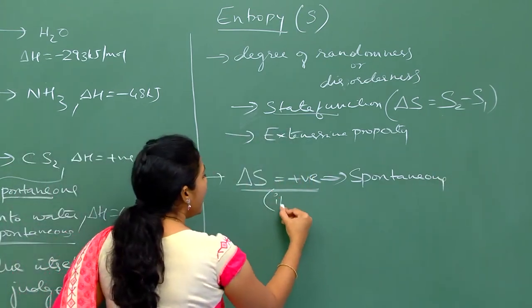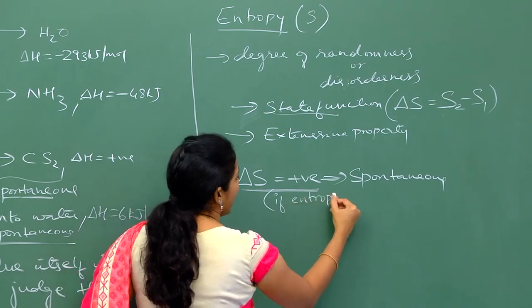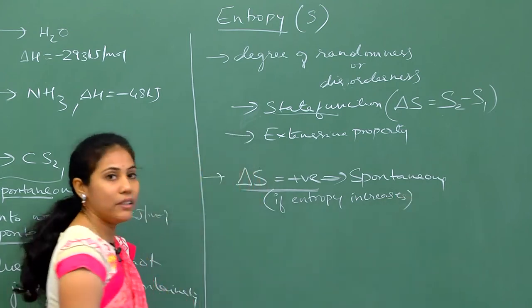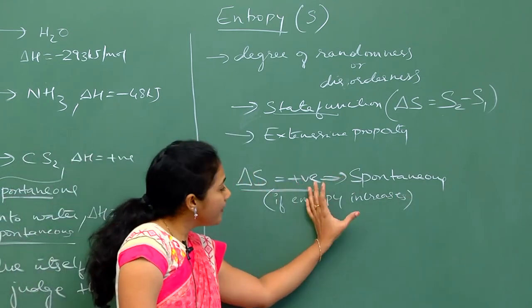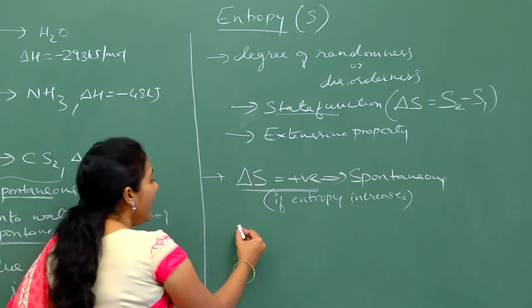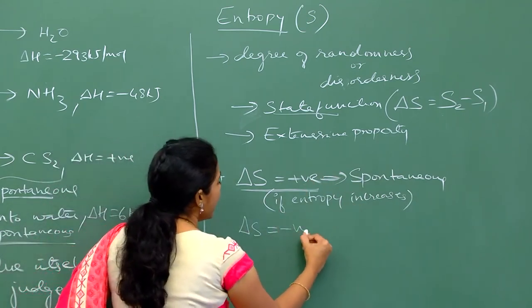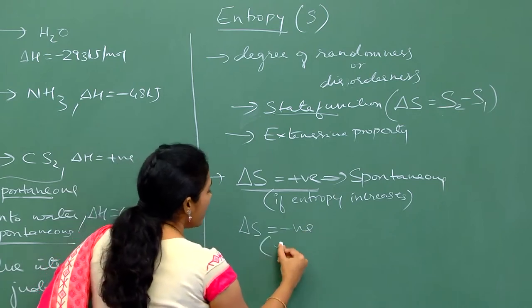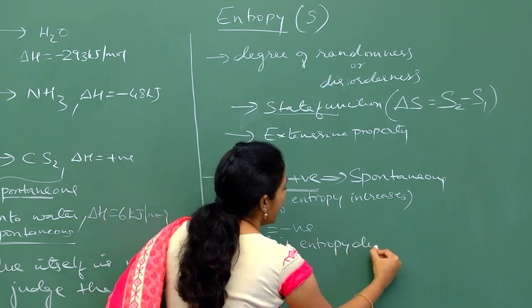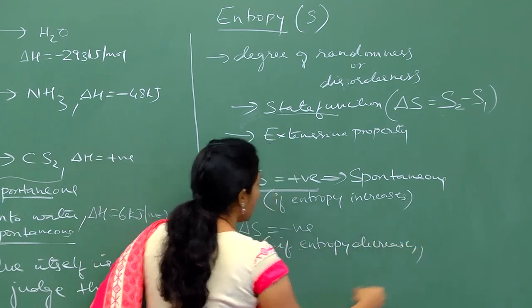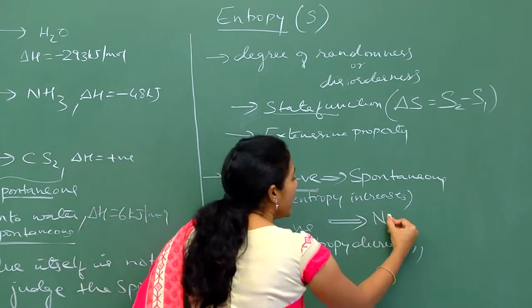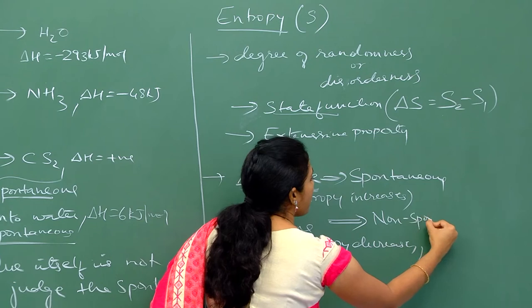If entropy increases during a chemical reaction, then it is said to be a spontaneous reaction. And if the entropy value is negative, in the sense that entropy decreases, randomness decreases in a particular reaction or process, then that process or reaction is said to be non-spontaneous.